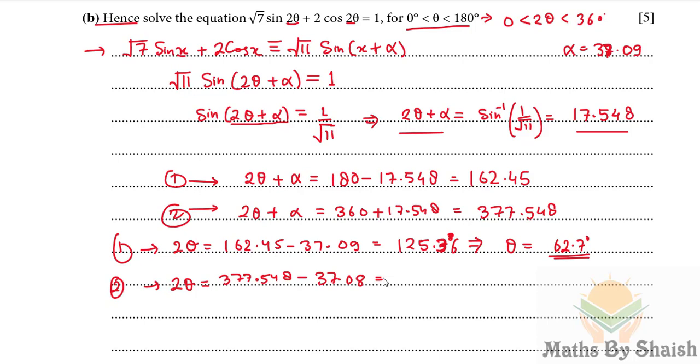So 377.548 minus 37.09, this value is coming 340.458, and hence the last theta, divide by 2 is going to be theta, and it is 170.229, and that is the solution. I hope it is clear. Let's discuss the next one.